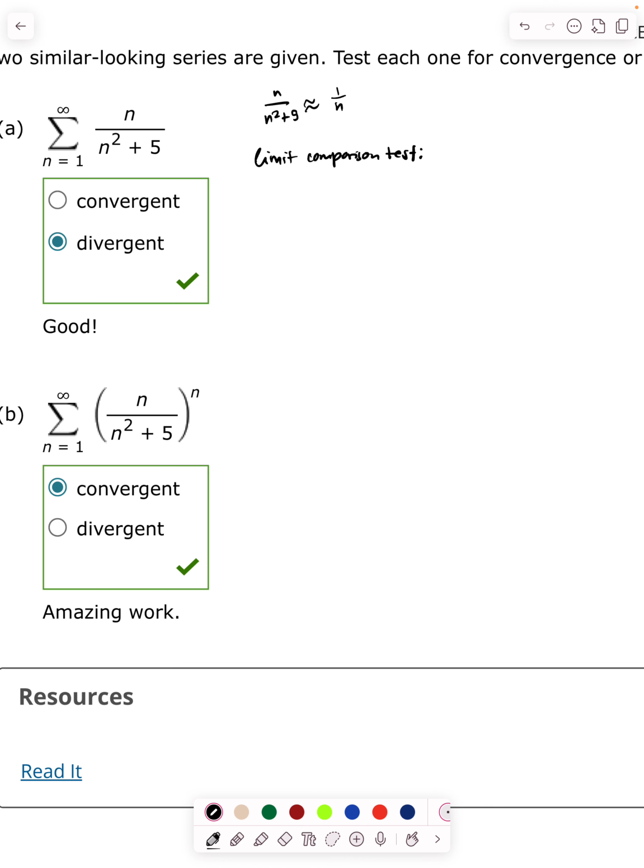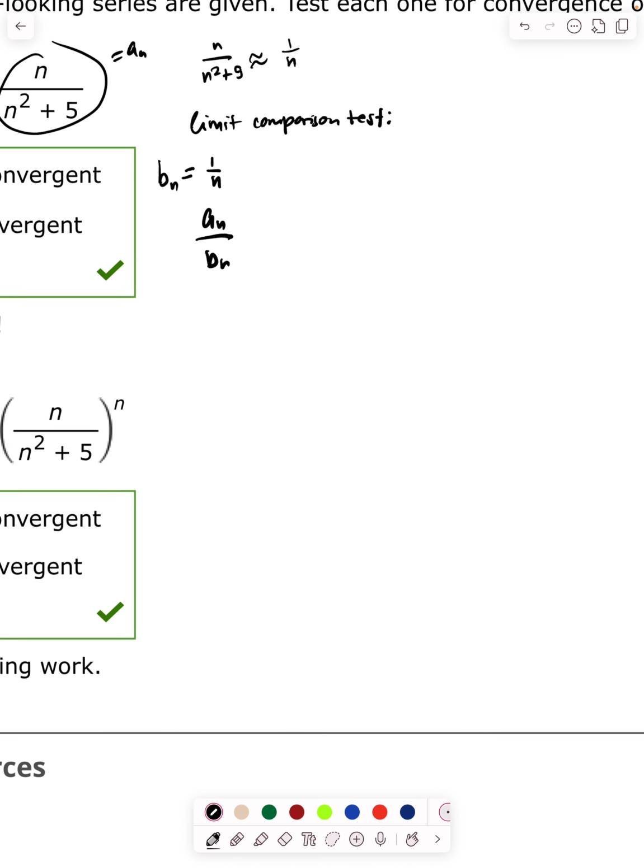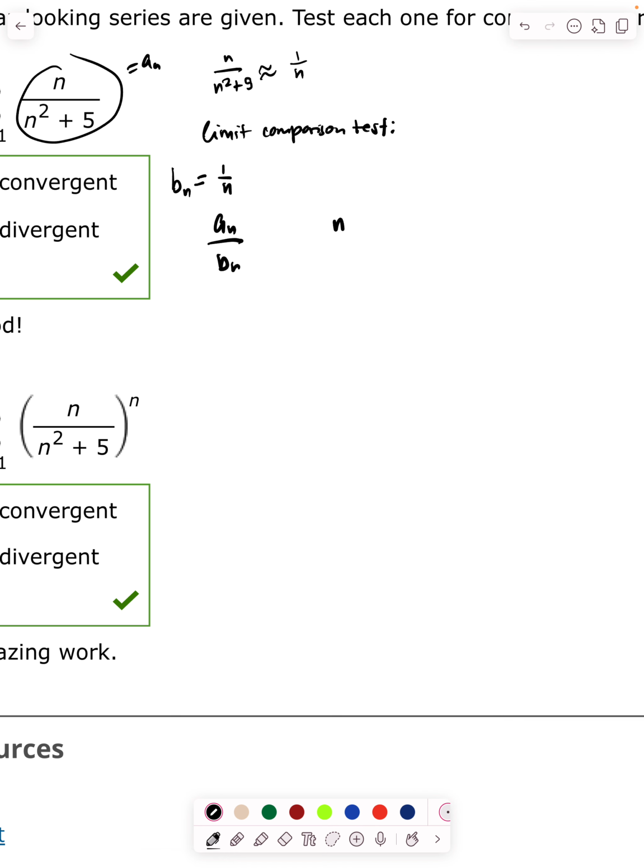What I'm doing is taking a series that's famously known to diverge, which is 1 over n. I want to take a ratio: if this is a_n, I want to take a_n over b_n and let the harmonic series be b_n.